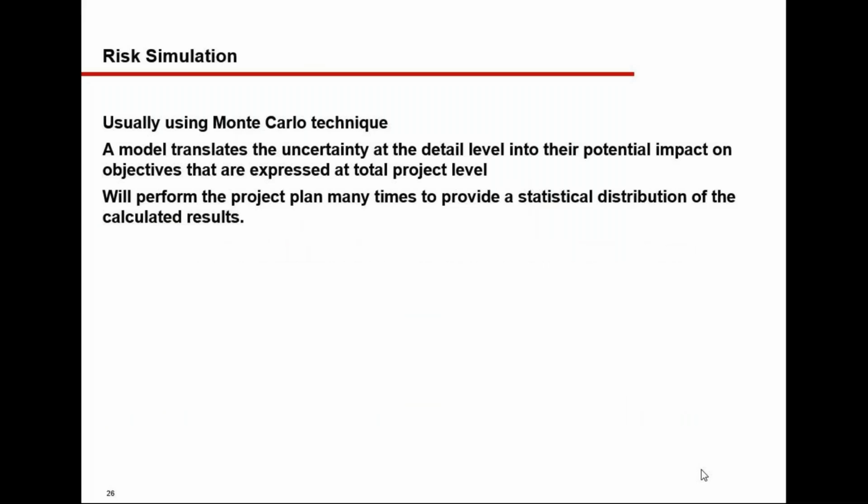Now, as I said earlier, in quantitative risk analysis, there is a mathematical and statistical technique called Monte Carlo simulation, wherein the uncertainty at the detail level is taken into account for its potential impact on the objectives that are expressed at the project level, right?